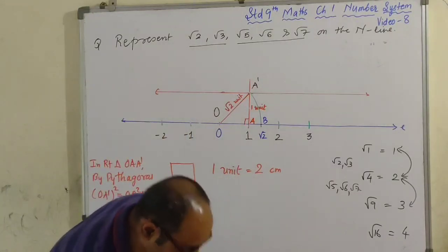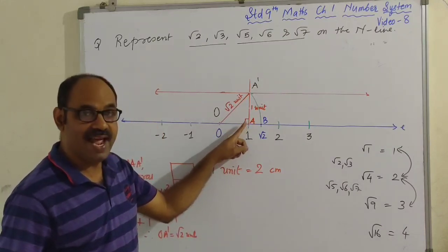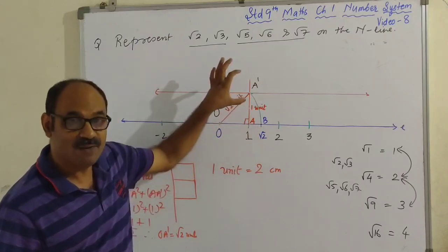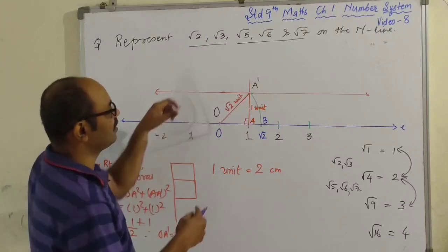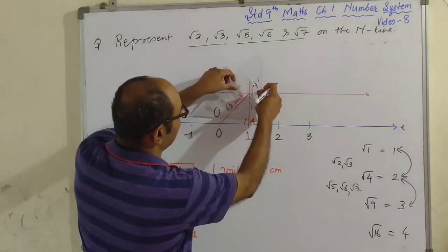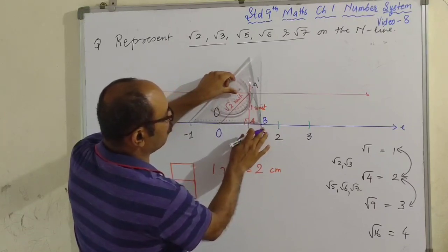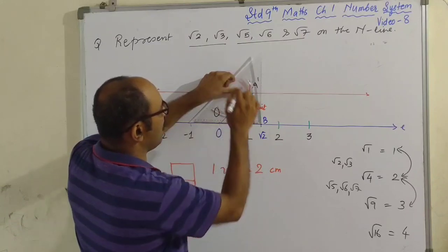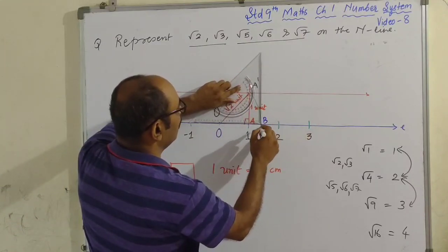So you have to proceed. Earlier you drew perpendicular at point A. Now you have to draw perpendicular at point B of length 1 unit. Alright. So let me place this set square where the vertex at which the right angle forms coincides with B and the set square is along line L. Alright.